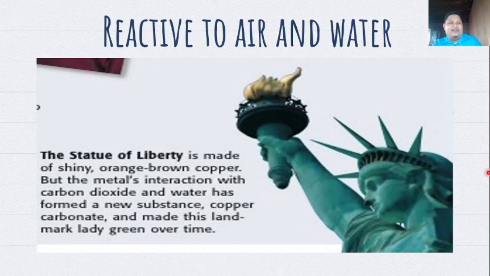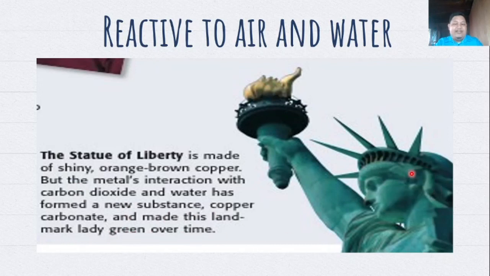Now, did you know that the Statue of Liberty is made up of shiny orange-brown copper? But the metal's interaction with carbon dioxide and water has formed a new substance, copper carbonate. Instead of copper alone, it became copper carbonate because of the carbon dioxide found in the air and water. And because of that, it made this landmark lady green over time.